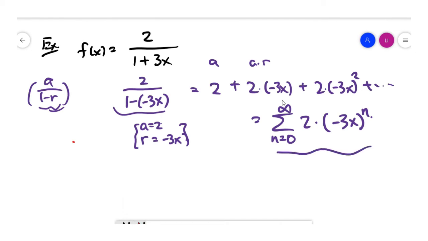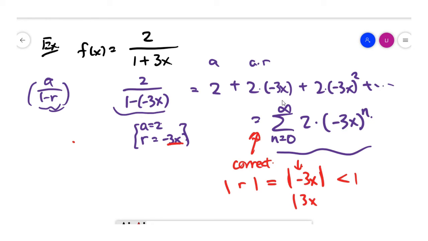But you have to tell me for what value of x this formula works out. It is actually correct based on the geometric series test. We want the absolute value of the ratio to be less than 1. So the ratio now is minus 3x, and because there's a negative sign inside the absolute value sign, we can take out the negative sign.